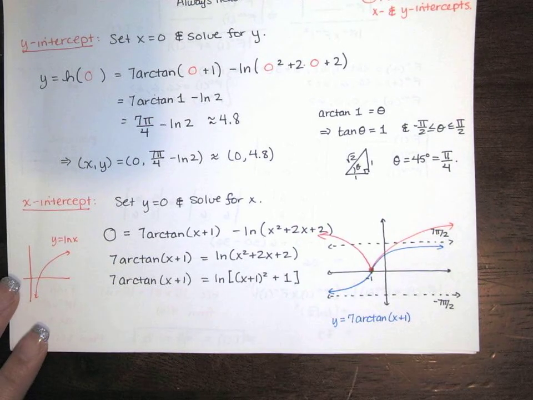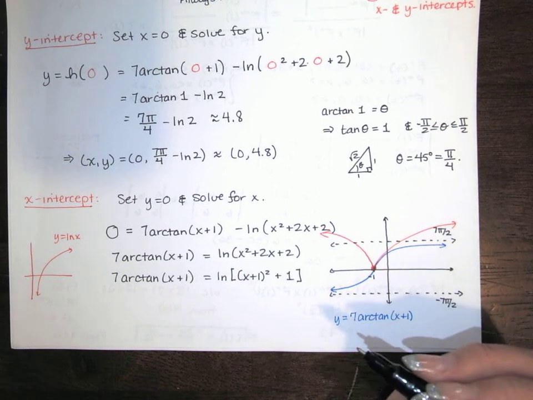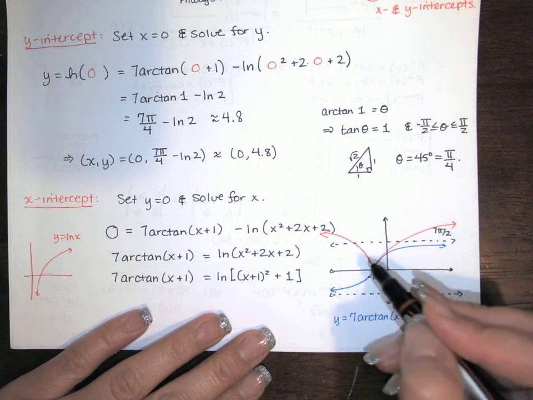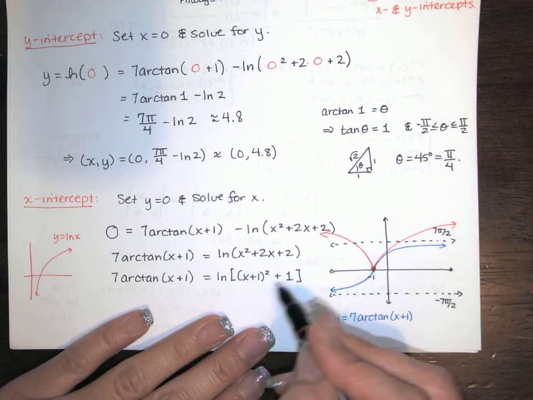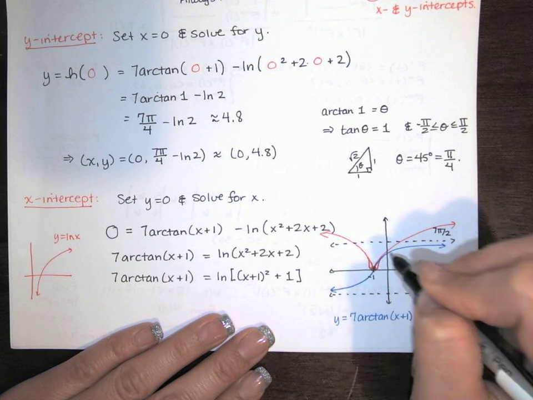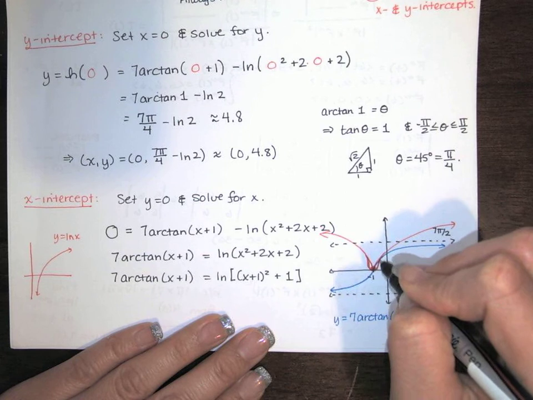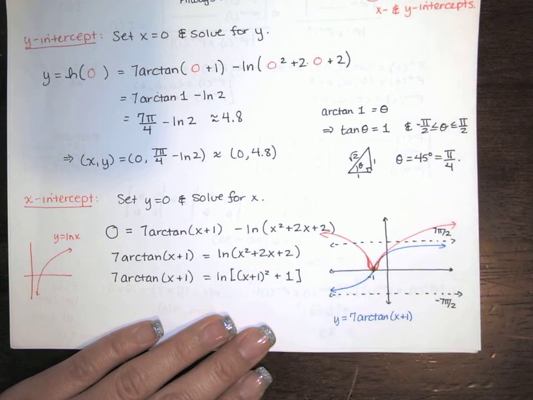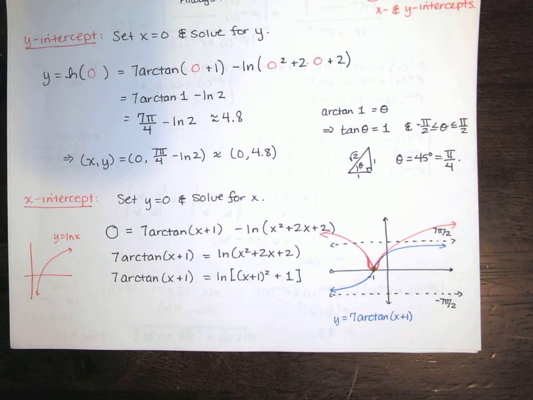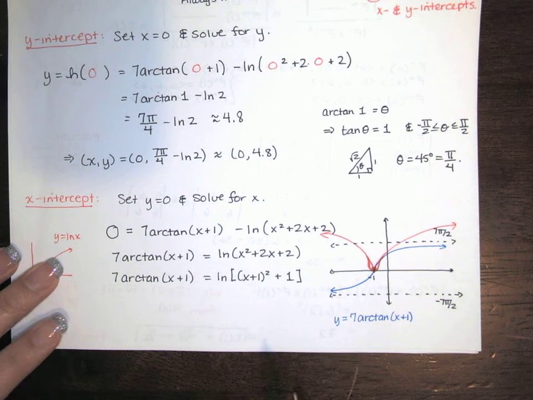I'm not 100% sure about the sharp corner, but that's the gist, that's the behavior. Actually, it should be smooth, because this function is smooth and the natural log function is smooth, so maybe it looks like that instead, because we've got that squared function inside. Something like that. Okay, so where does this blue graph meet this red graph at -1?